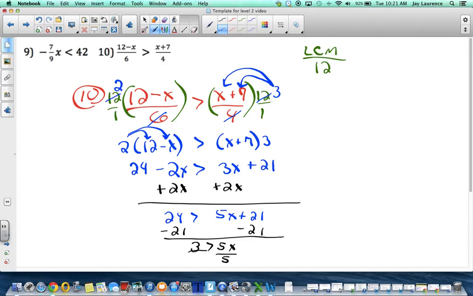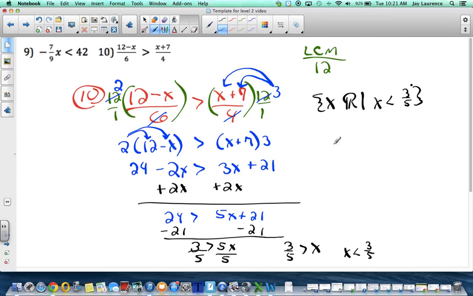Dividing by 5 will get me that 3/5 is greater than x. Or I could say x is less than 3/5. Notice how I had to flip the inequality if I'm going to change both sides. All right, my solution set would be x is any real number such that x is less than 3/5.